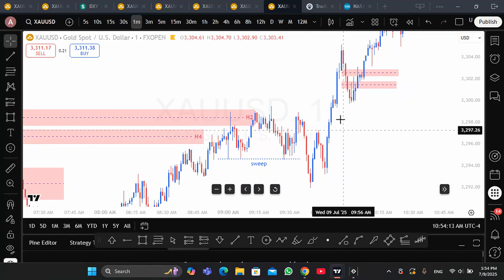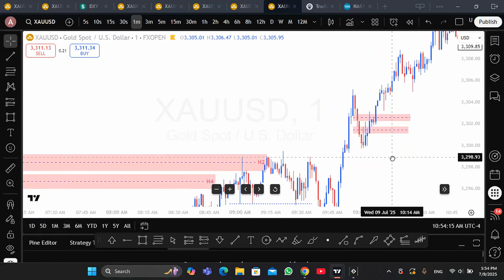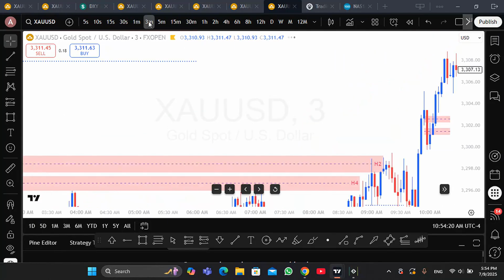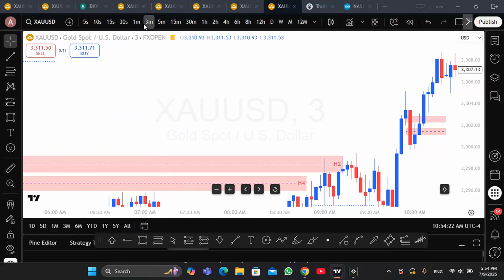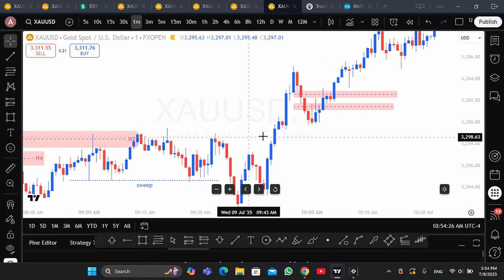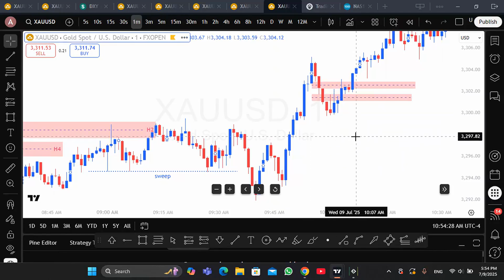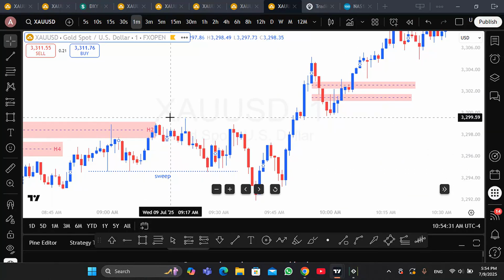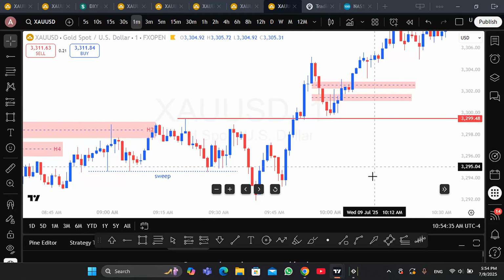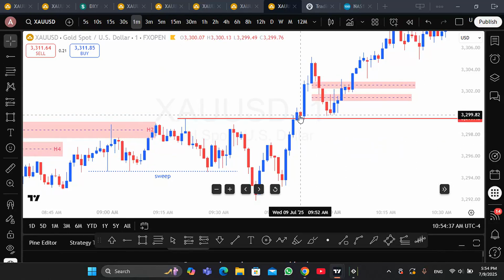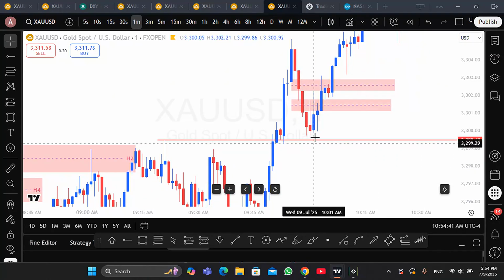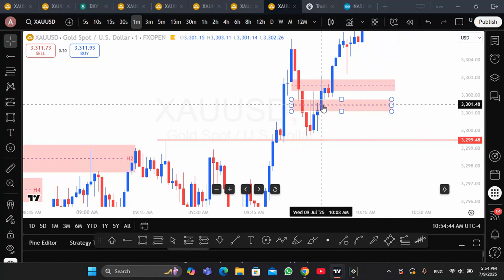When the price moved upward and then down, on the 1 minute, when it retraced to this area, the price stopped moving lower. This is the first thing. The second thing is that there is an order block, this order block. And when I saw that, I tried to enter in this area.